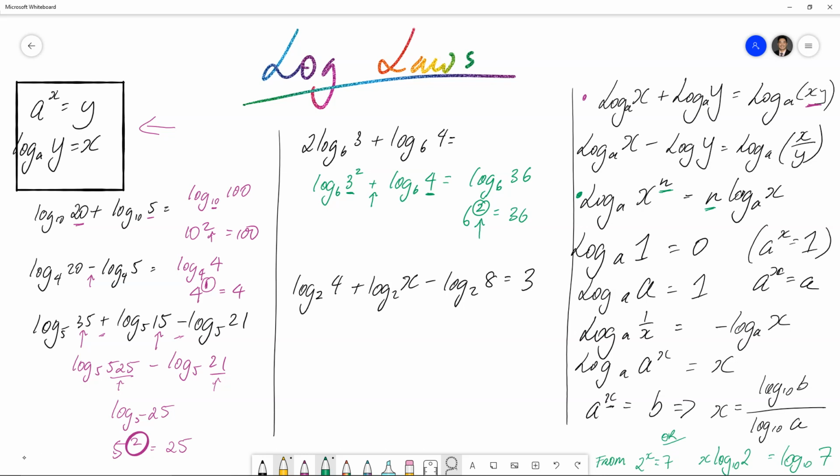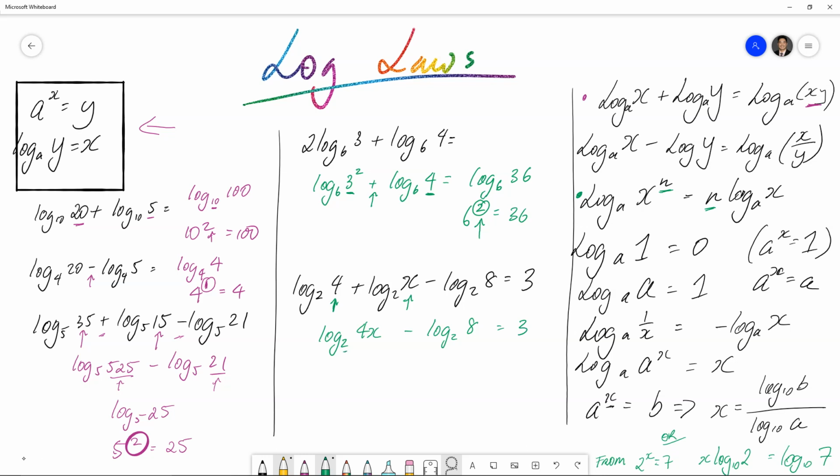Okay, next one. Again, same thing. We're just going to work from left to right. And in this case, I'm going to multiply the 4 and the x. So we've got log base 2 of 4x minus log base 2 of 8 is equal to 3. And when we subtract logs, we're going to divide.